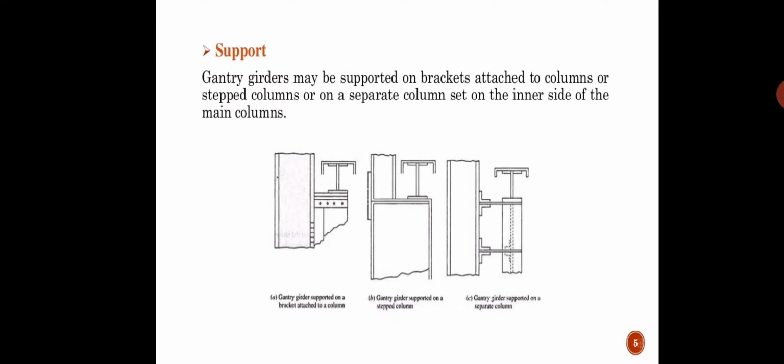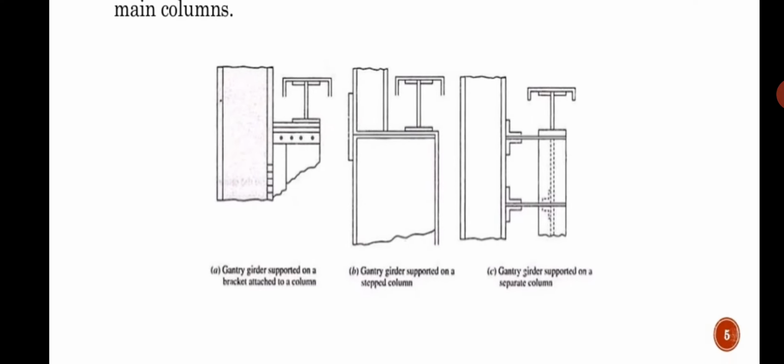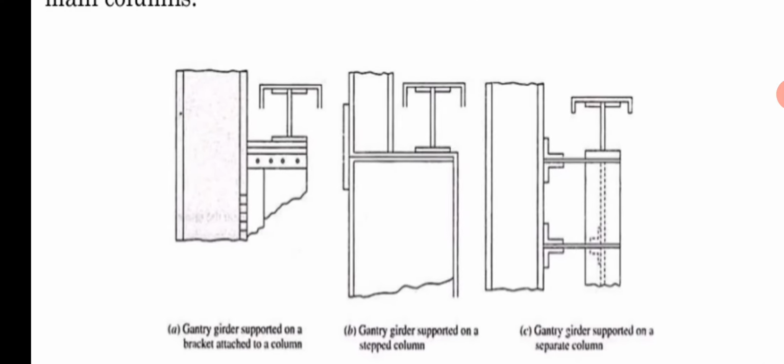Support. Gantry girder may be supported on a bracket attached to the column, on a step column, or on a separate column set on the inner side of the main column. So there are three ways we can support the gantry girder. You can see that the gantry girder is our I plus C channel. In the first condition, it is supported on a bracket attached to the column. We provide the bracket attached to the column, and on that we provide the gantry girder.